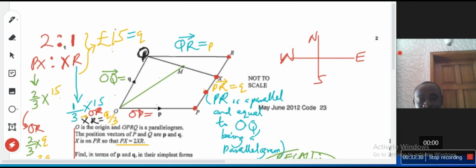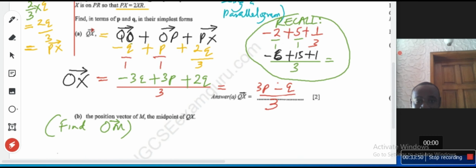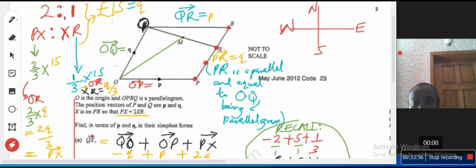Now, is this place not given? OQ is given. We know OQ. We know that path. What's the value of OQ, by the way? Small letter q. And we found QX. Remind me again, what's the value of QX? 3p minus q over 3. And they say this place is the middle point of it. So that means QM is just half of the whole thing.